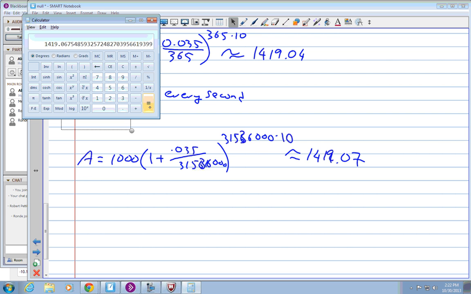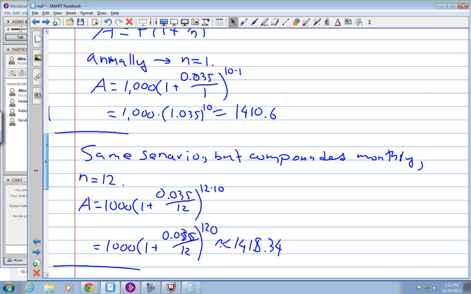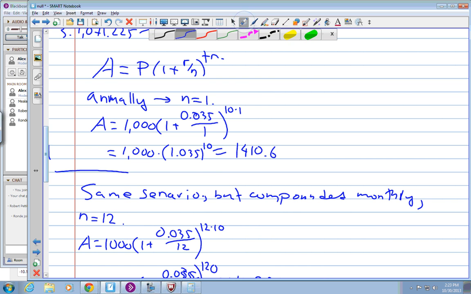So it's basically the same as what we got from every second. If we do it every minute, every instant, that's the number that will come out. So that's going to be a third type of interest, compounded continuously. Okay. All right. Now, is this all right? Does that make sense, how to make those computations? You need to know this formula, the compound interest formula.